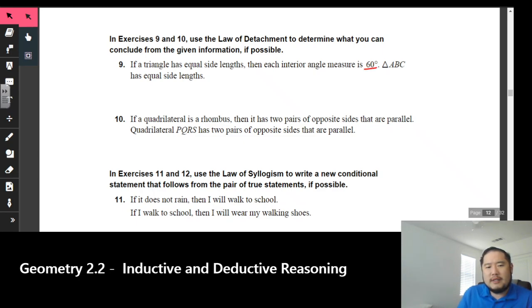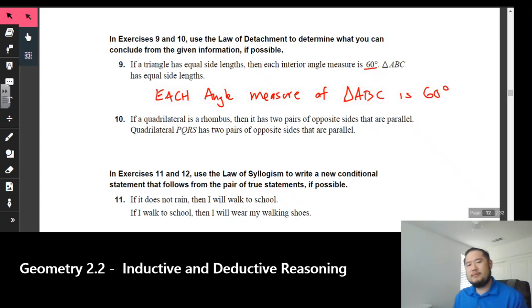This triangle ABC has equal side lengths. What we can conclude right here is that each angle measure of triangle ABC is 60 degrees.